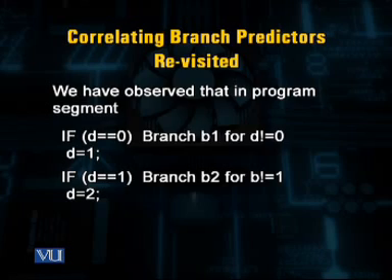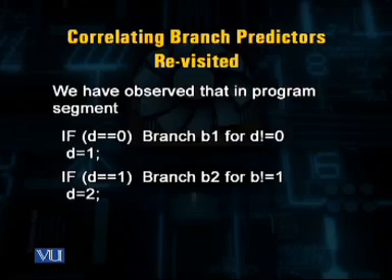It shows that branch B1 will occur when D is not equal to 0, and branch B2 will occur when D is not equal to 1. So this shows that the branches B1 and B2 are correlated.